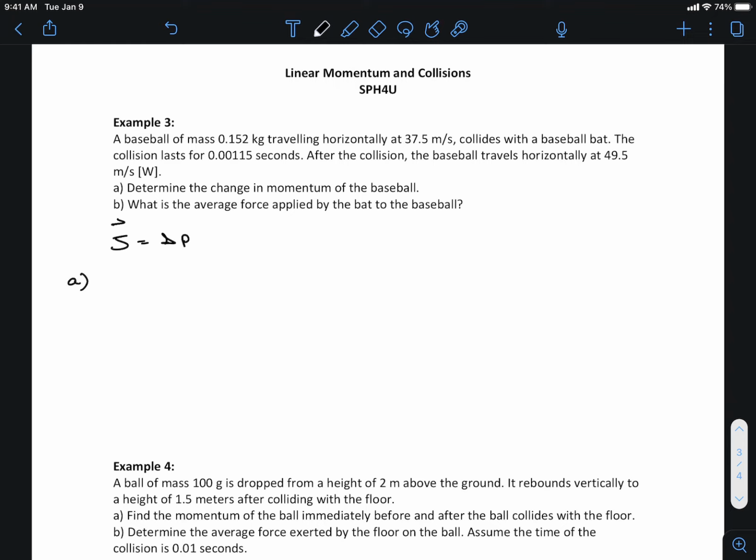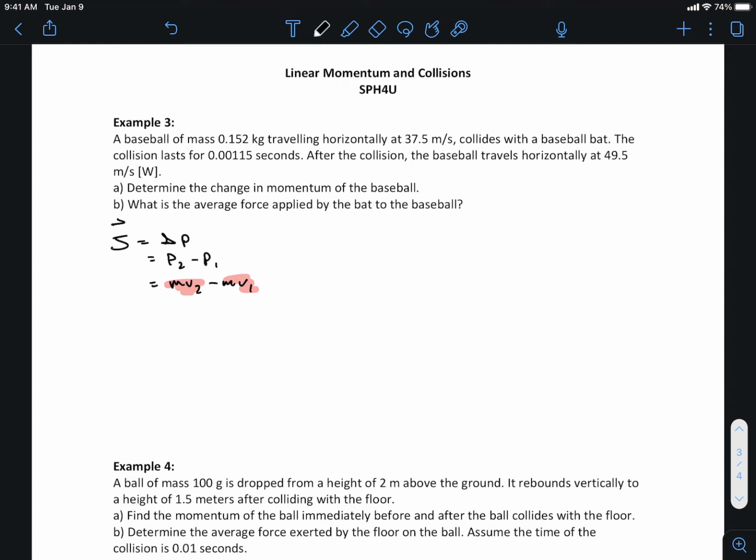We know that delta P has to be P2 minus P1, which will be mv2 minus mv1. So let's do these two calculations separately. We'll find the momentum finally and what it was initially, and we can calculate the impulse after. We'll just put it back into there.